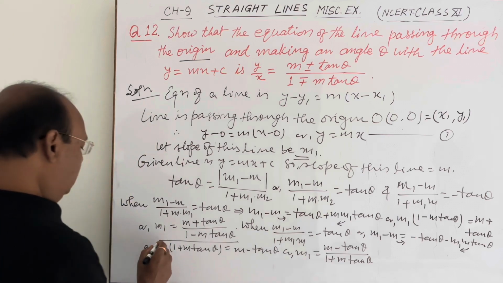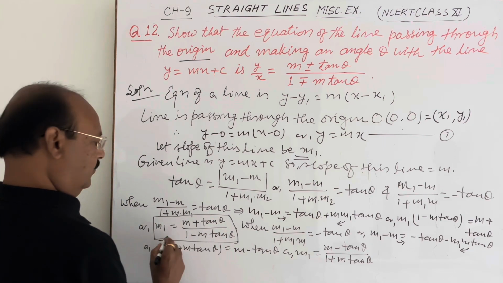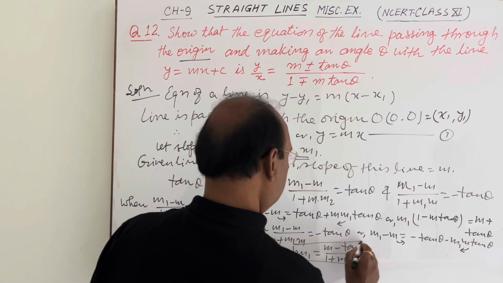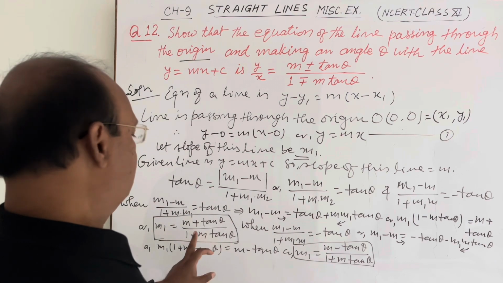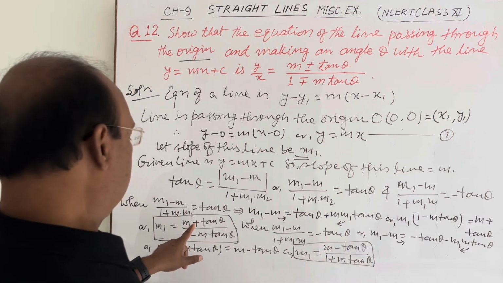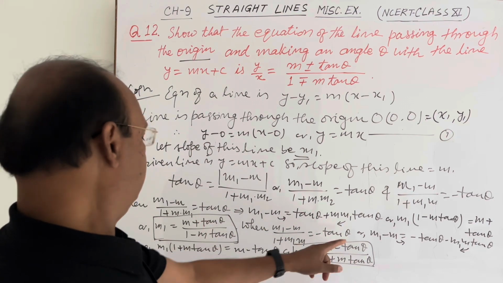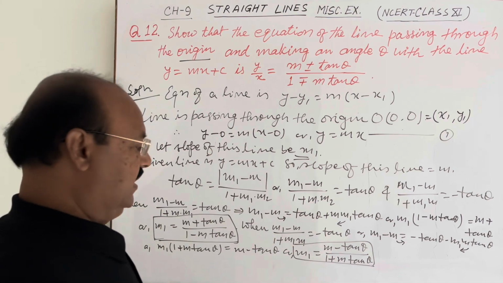So when we see this value of m1 and this value of m1 here, by combining these two results, in the numerator there is plus as well as minus, so we can write plus minus, and in the denominator this is minus and plus, so we can write minus plus.